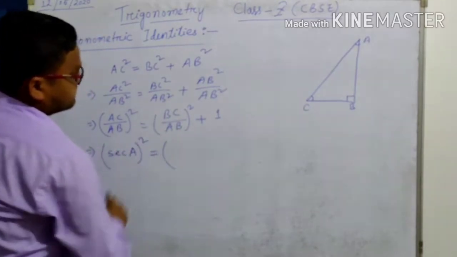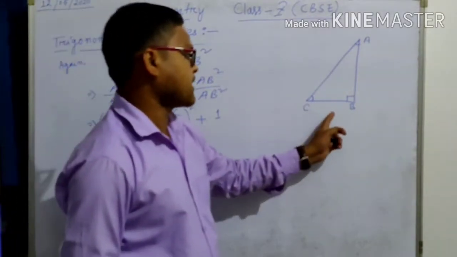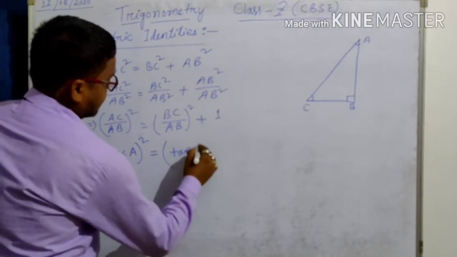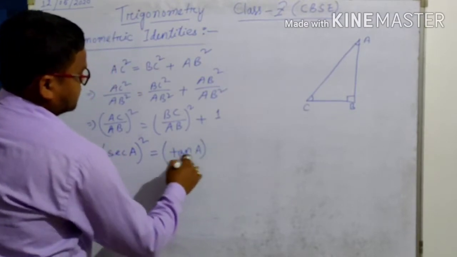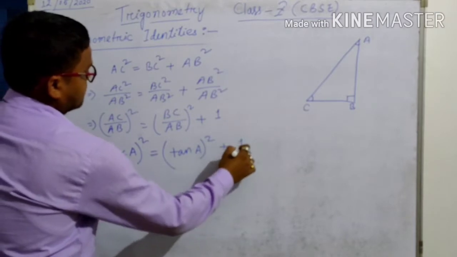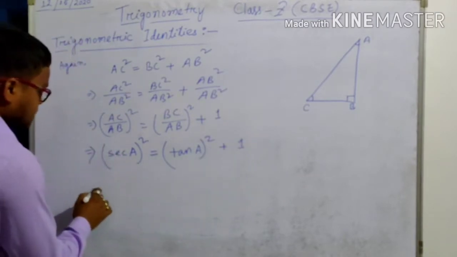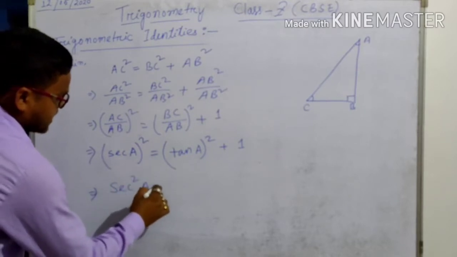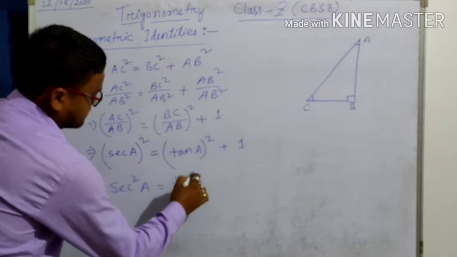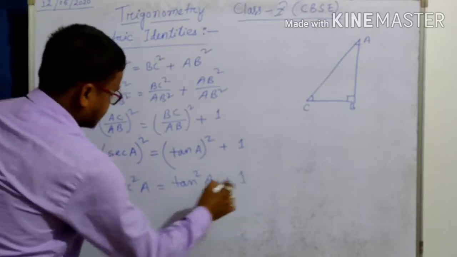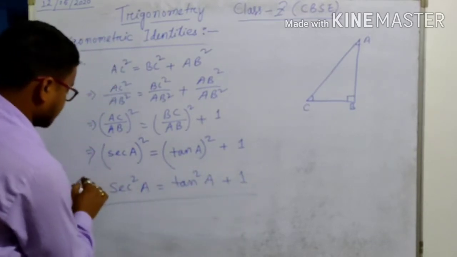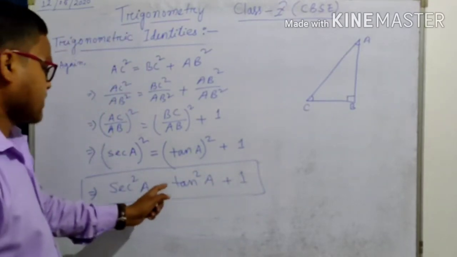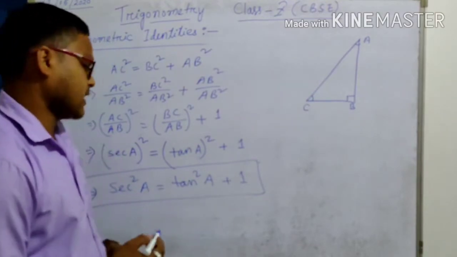And BC by AB, perpendicular by base, that is tan according to trigonometric ratio, so tan square A plus 1. So finally sec square A is equal to tan square A plus 1. This is another identity.